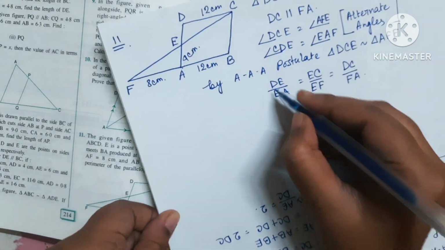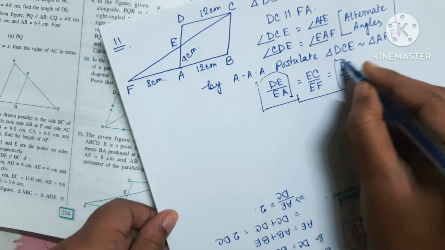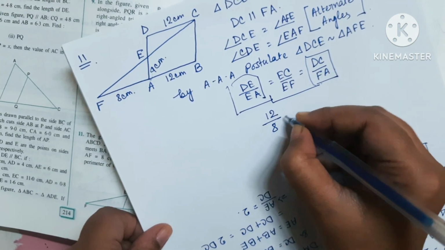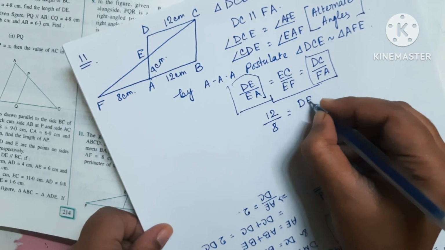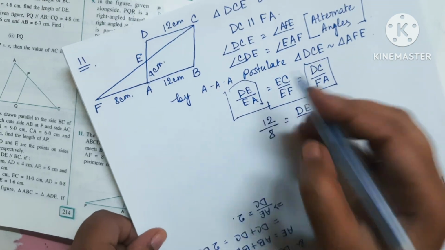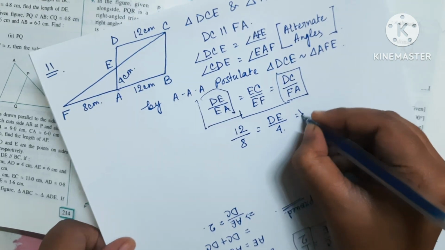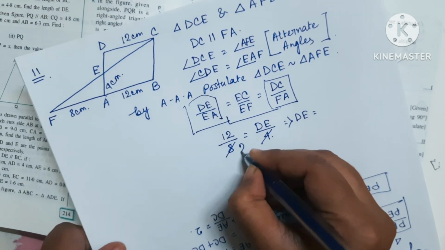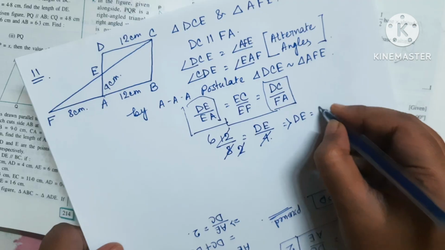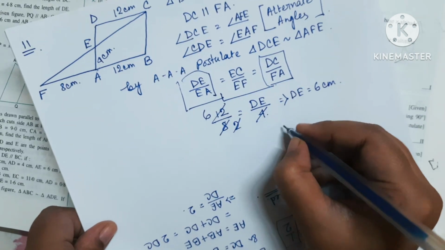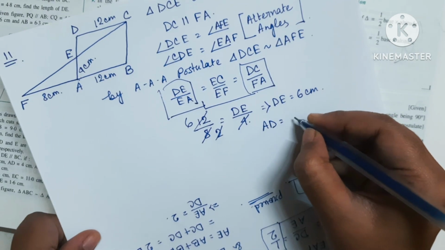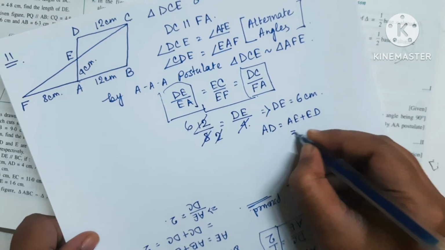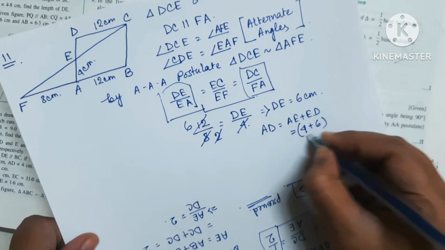Okay, so from these two parts, you can write 12 by 8 is equal to DE by EA means 4. So that means DE is equal to, see if you divide by 4, DE is equal to 6 centimeter. Okay. So that means AD is equal to AE plus ED, AE plus ED is equal to 4 plus 6 centimeter.